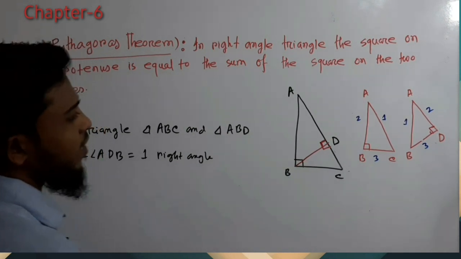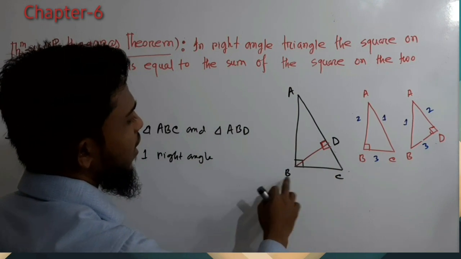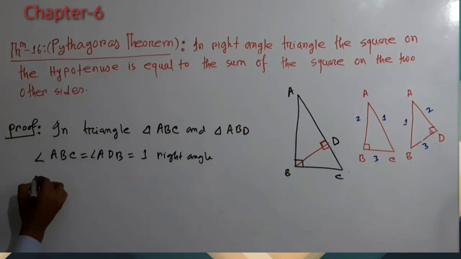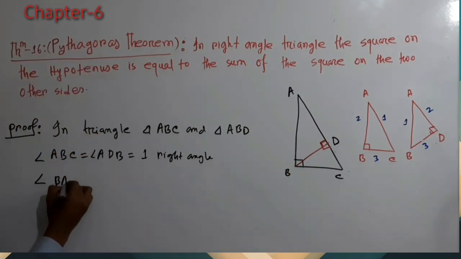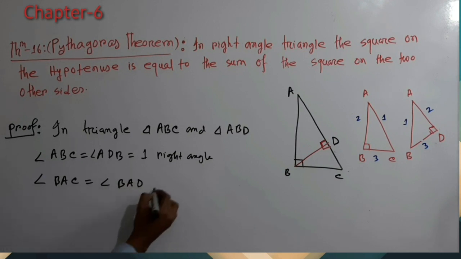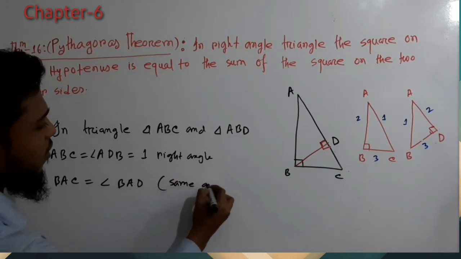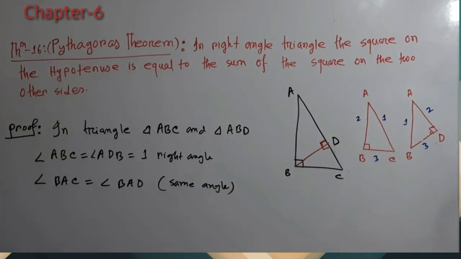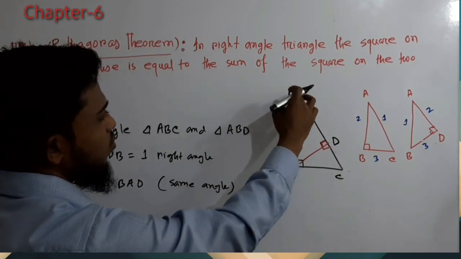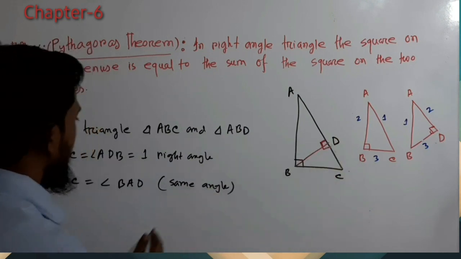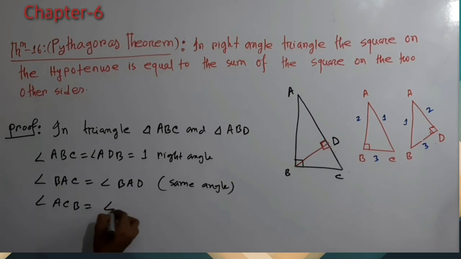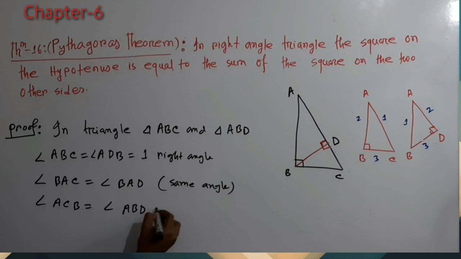Here we see that angle BAC and angle BAD are the same angle of these two triangles. So angle BAC is equal to angle BAD, and our remaining angles: angle ACB is equal to angle ABD.